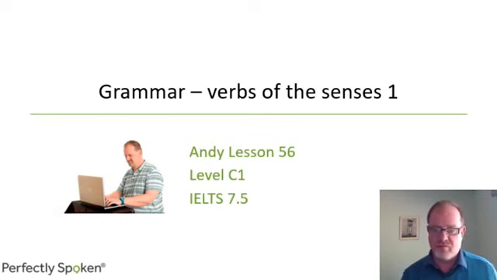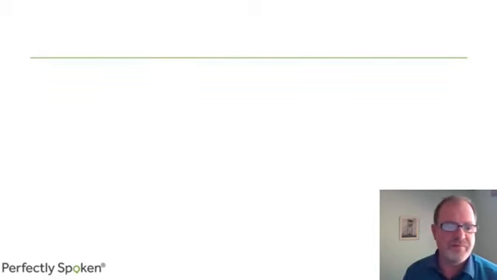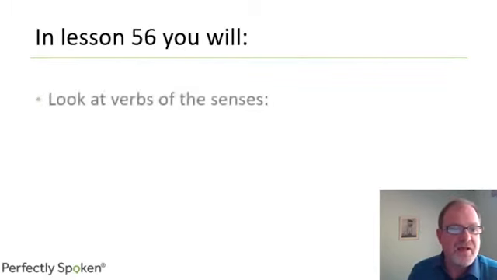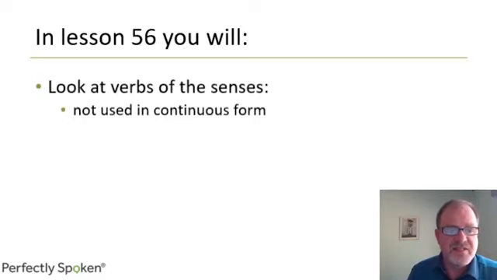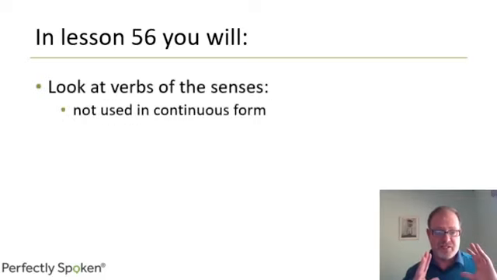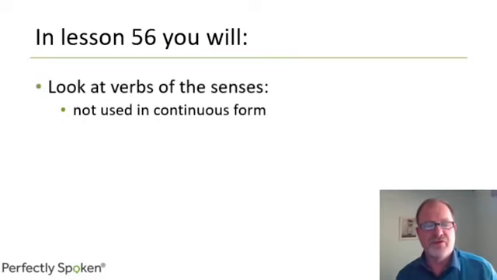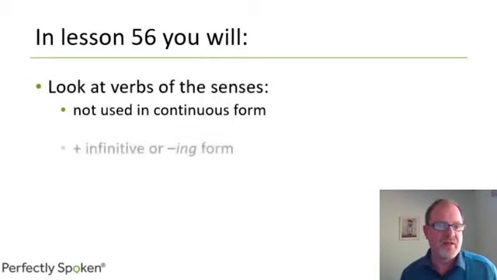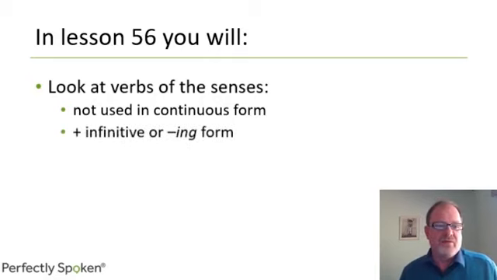Okay, so what are we going to look at today? Well, we're going to look at the following. Verbs of the senses, the fact that they are like state verbs and therefore are not used in a continuous form. There are exceptions in terms of different meanings. We'll come to that later. We look at when we use it with an infinitive or an ing form.